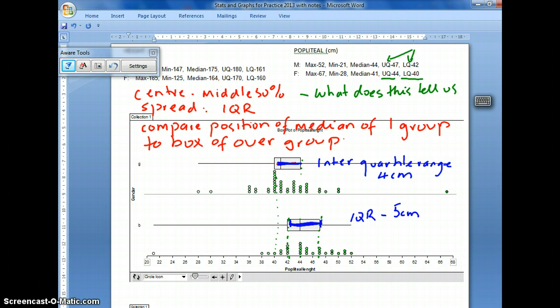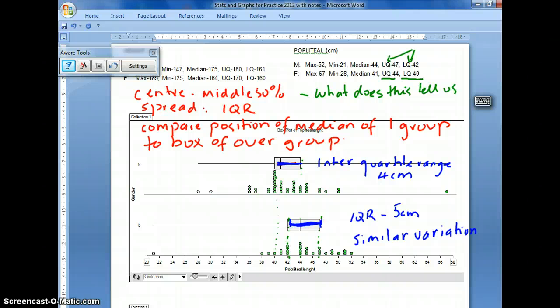So with one being 4 and one being 5, there's only 1 centimetre difference, so they have similar variation, don't they? Similar variation or similar spread in their popliteal lengths from girls to boys. That's our second feature.